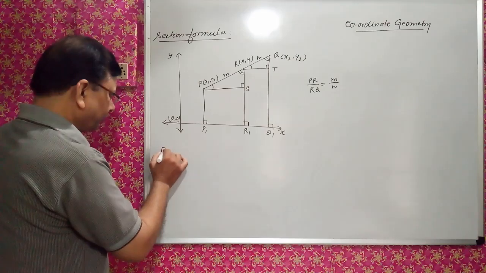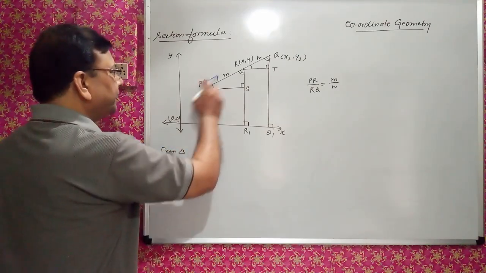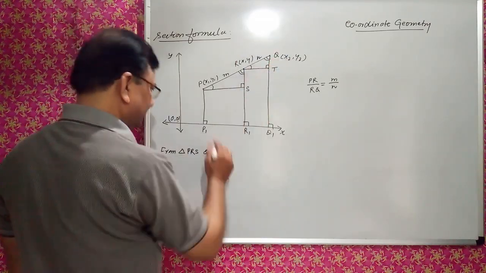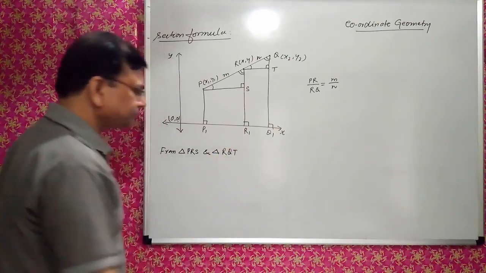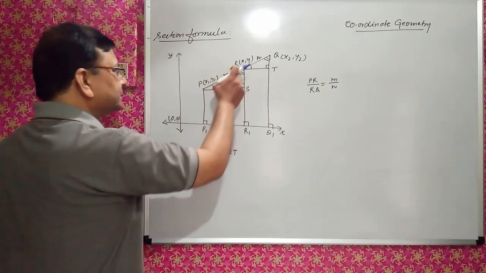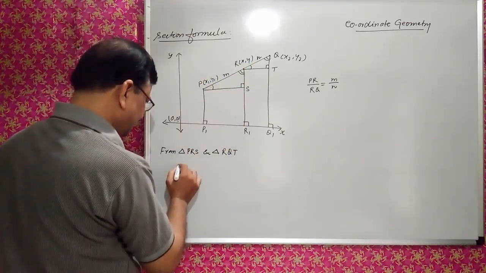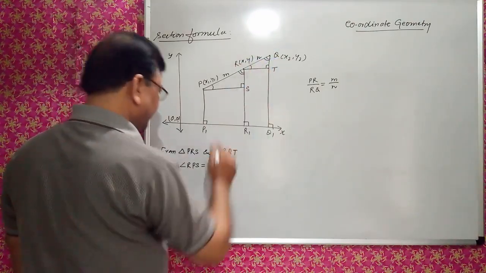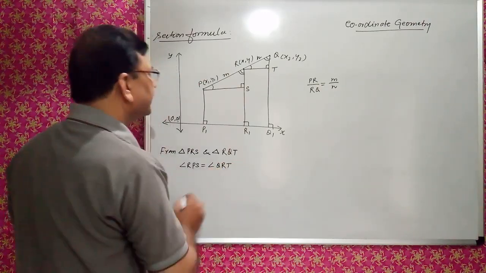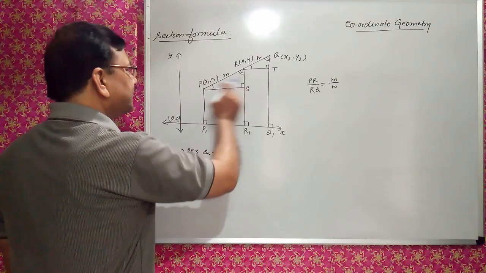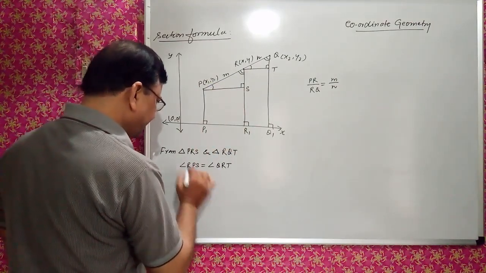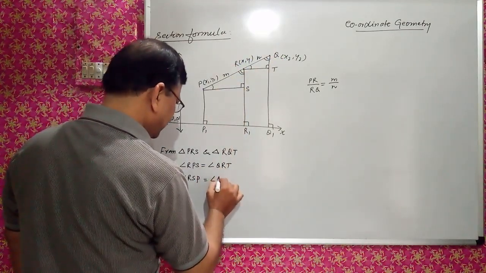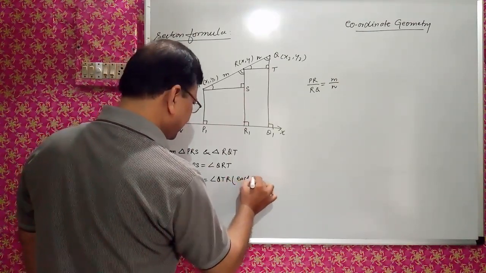from triangle PRS and triangle RQT, angle RPS is equal to angle QRT, and angle RSP is equal to angle QTR, each 90 degrees.